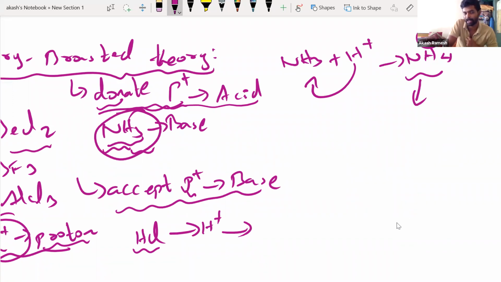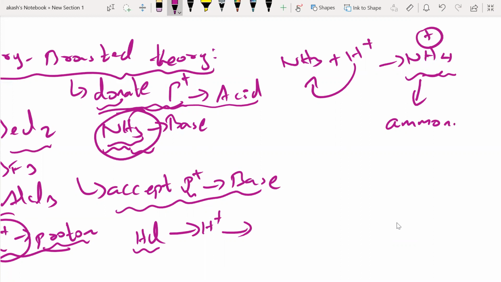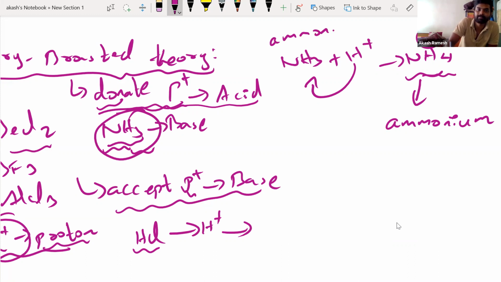NH4 plus. What is the name of this ion, guys? Ammonium, NH4 plus. Ammonium ion. So this is ammonia.